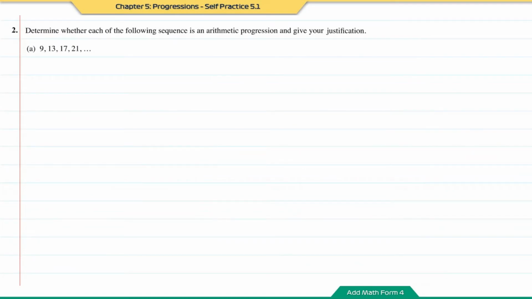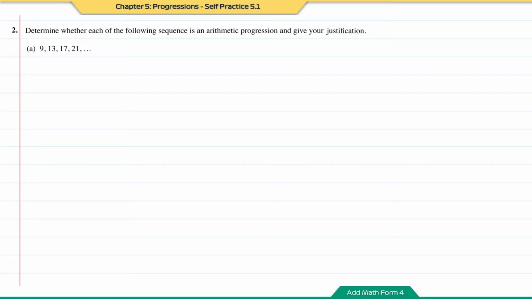Question number 2. Determine whether each of the following sequences is an arithmetic progression and give your justifications. To determine whether a sequence is an arithmetic progression, you need to make sure the difference between any two consecutive terms is a constant value, which is known as the common difference.